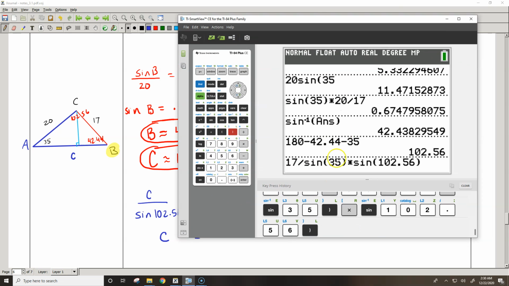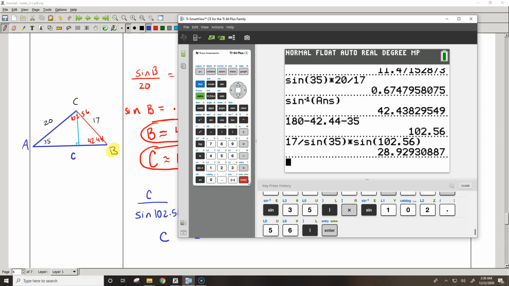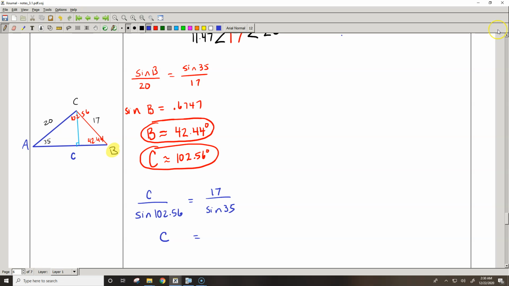So there's going to be my approximate side C, which is 28.93. So 28.93 is side C. And there is my first solution. 28.93.